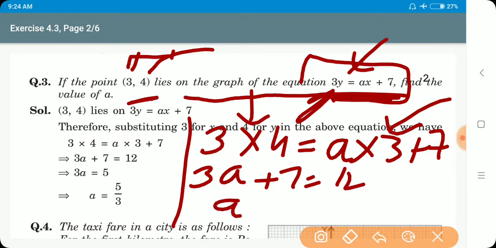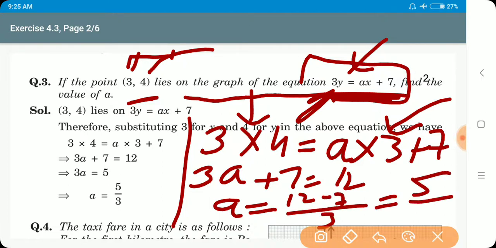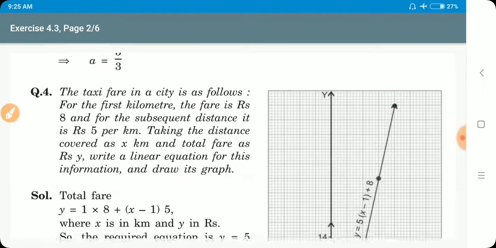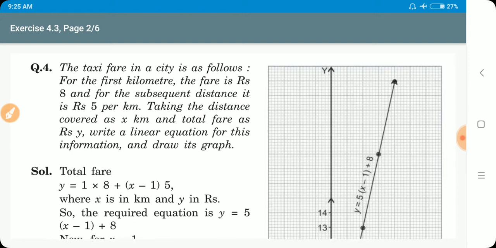So a is equal to 12 minus 7 upon 3, which is 5 upon 3. I think you have got it. So your a value is 5 upon 3. Now I'm going to tell you the next sum.